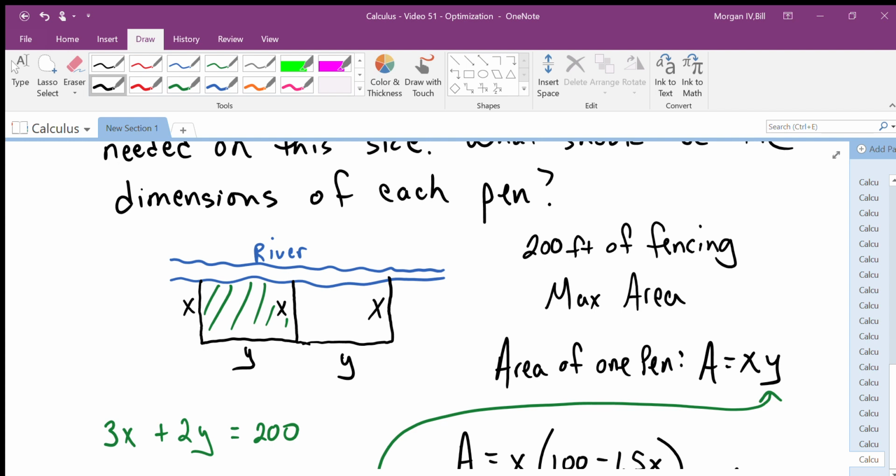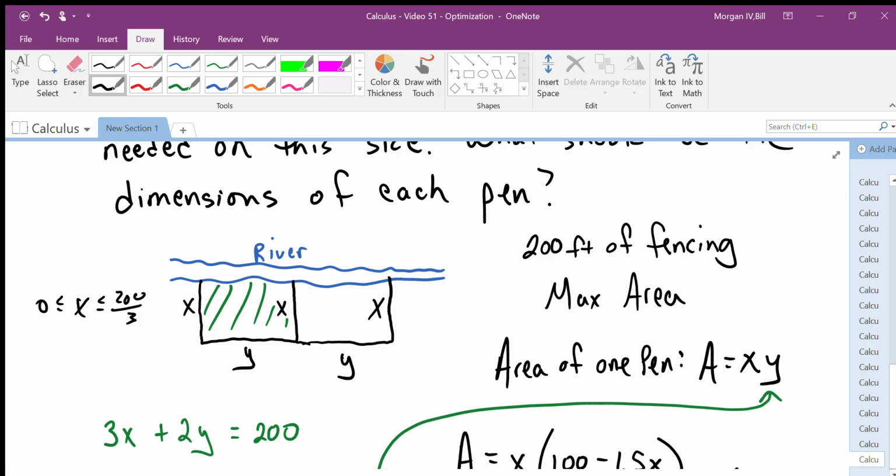Again, no actual area. So the endpoints here say x is going to be between 0 and, at maximum, 200/3. If all of the fencing is used for the x values, none for the y values, I have 3 x's, so 200/3.